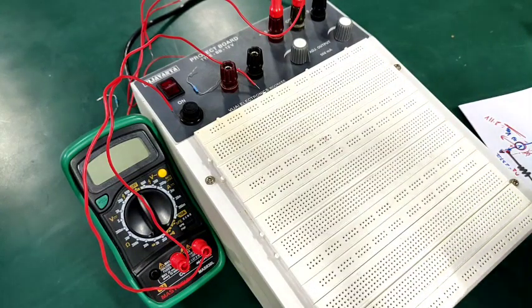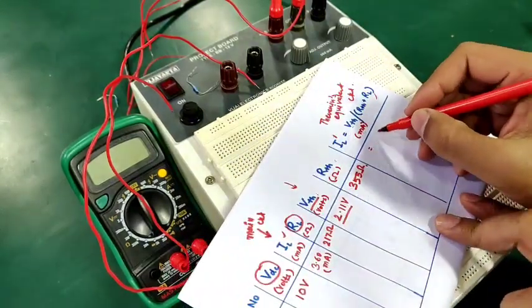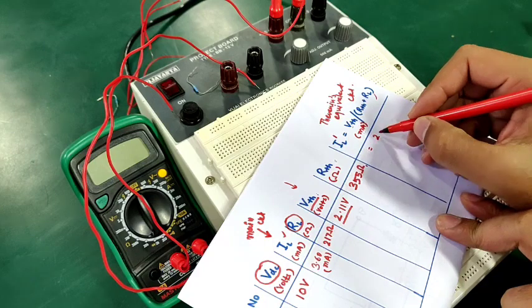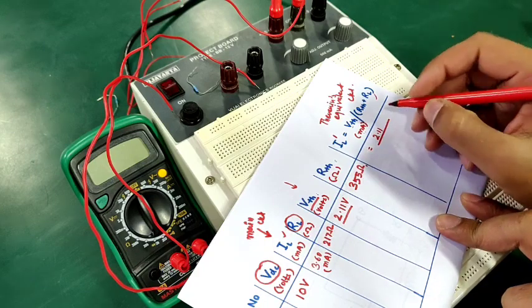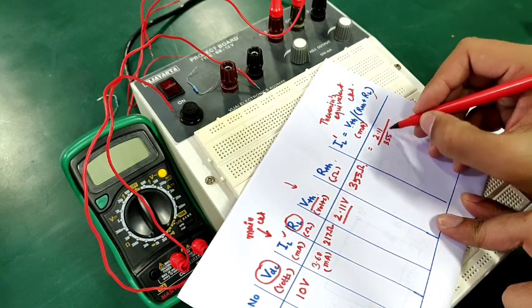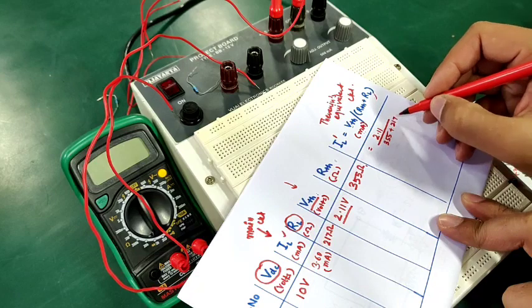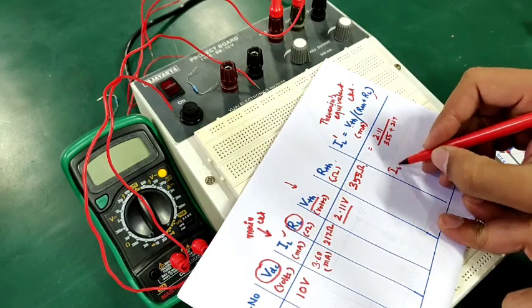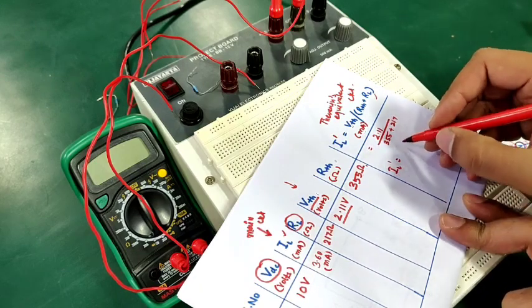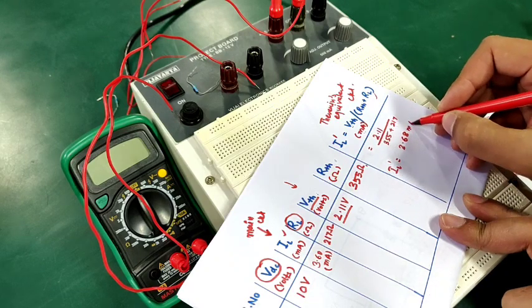Let us now take our observation table and try to calculate the value of IL dash. VTH here is 2.11 volts divided by RTH, which is 355, plus RL, which is 217 ohms, and it comes out approximately to be 3.68 milliamperes.